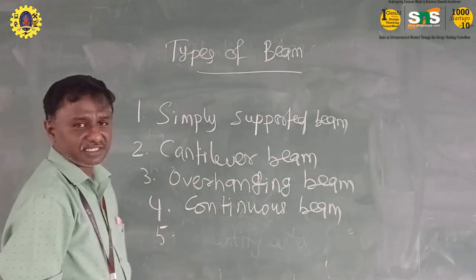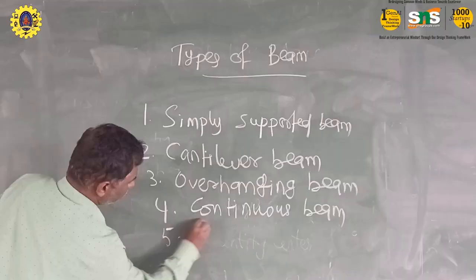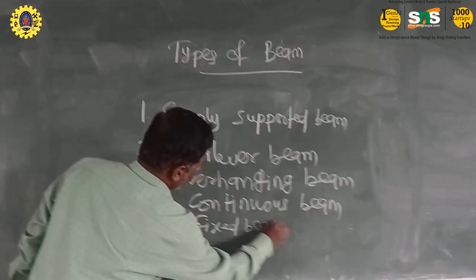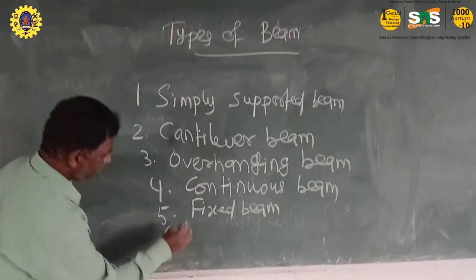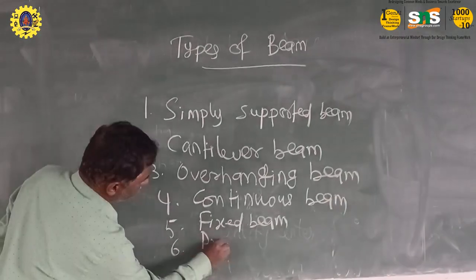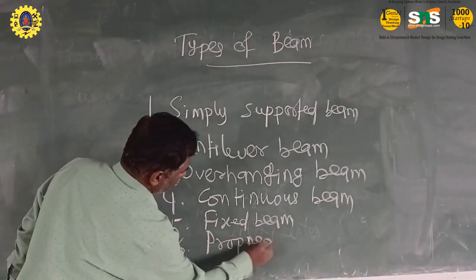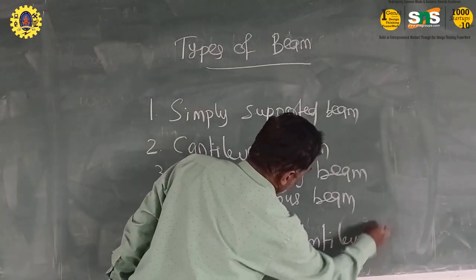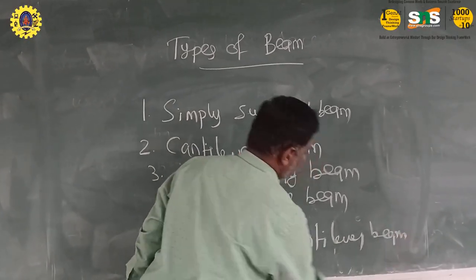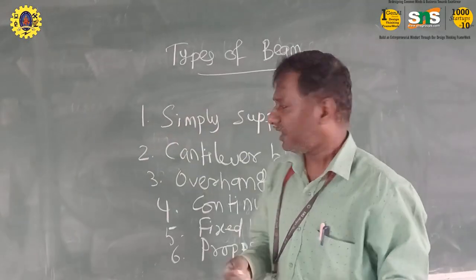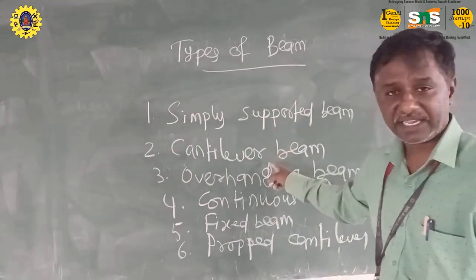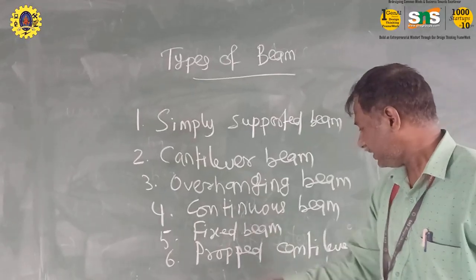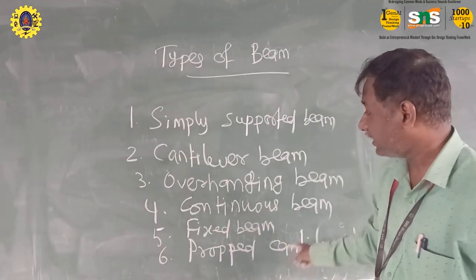Next, we have a fixed beam. Finally, we have a propped cantilever beam. So these are the types of beam: simply supported beam, cantilever beam, overhanging beam, continuous beam, fixed beam, and propped cantilever beam.